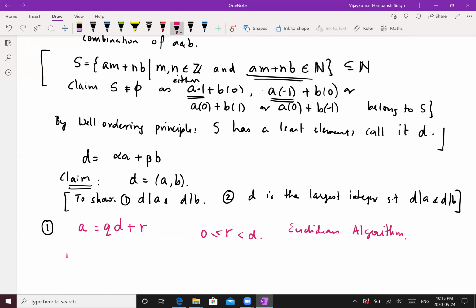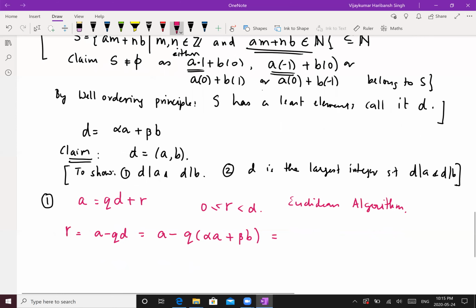So note that r is the same as a minus qd. You bring it to the other side, which is a minus q times d. Now what is d? d is alpha a plus beta b. Now organize this guy.